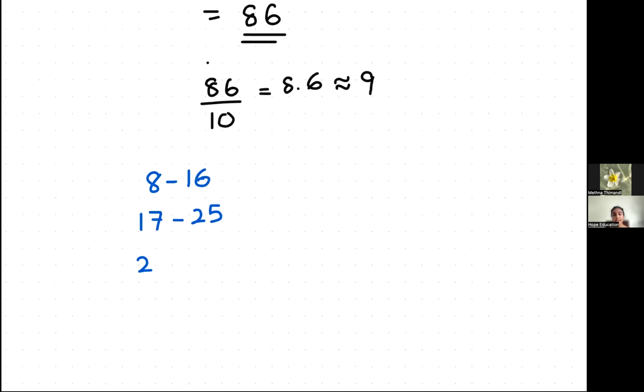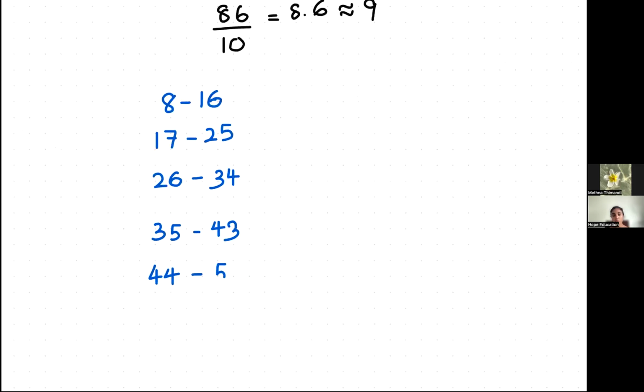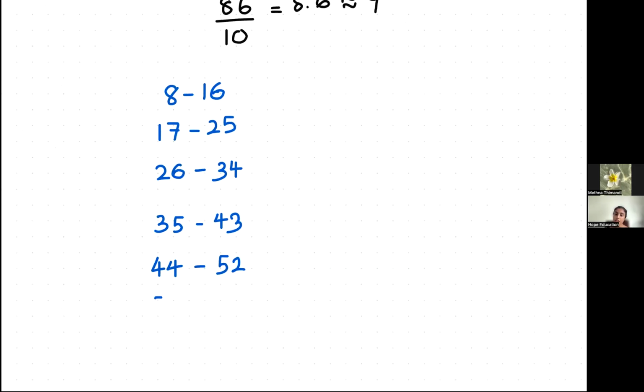Then from 26 to 34, again there are 9 data points, another group. Next 35 to 43. Then 44 to 52. Then 52 ends there, so next is 53. 53 to 61.